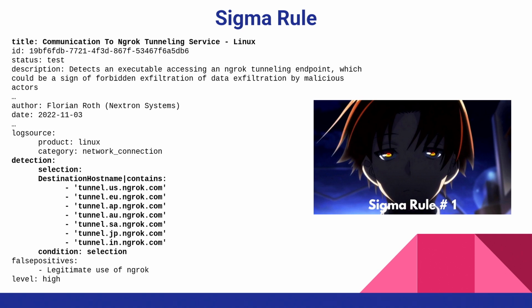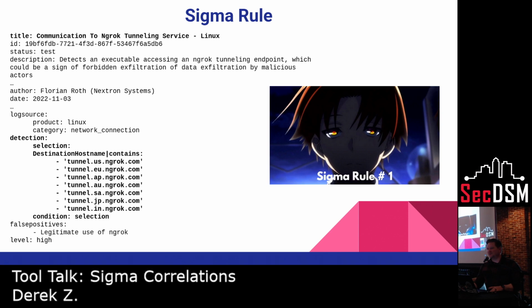I'm looking for something that matches this result. That's a Sigma rule in a nutshell. There are a lot of other fields you can add, such as metadata on what attack technique or tactic this falls under, your references, when you last updated it. There are so many more, and you can read that in the manual. But this is the general idea of a Sigma rule.